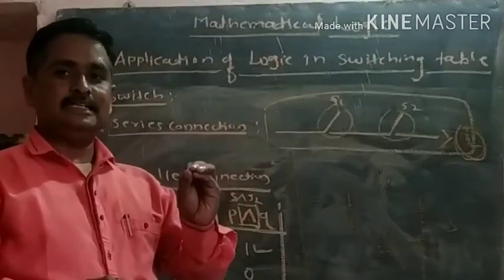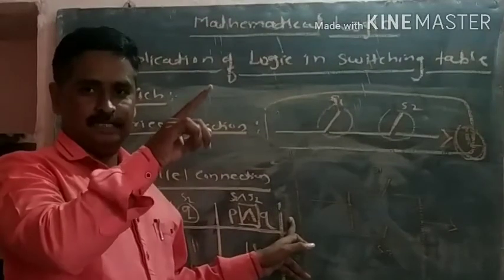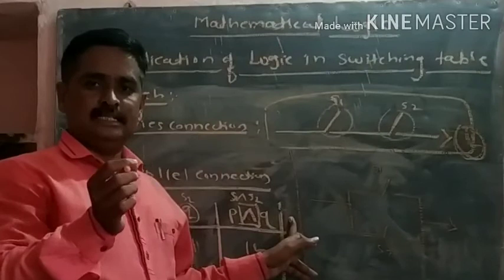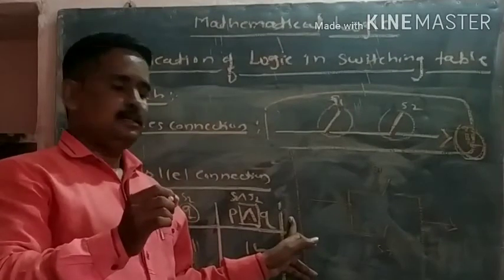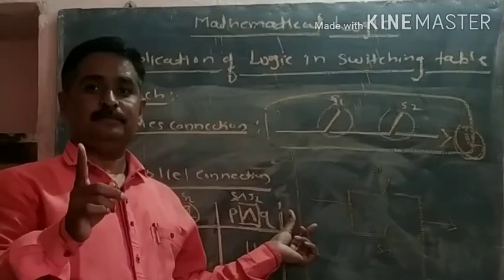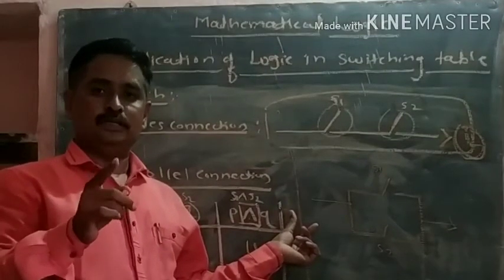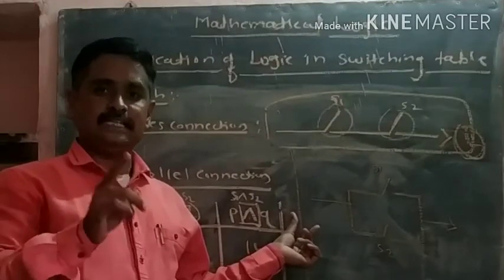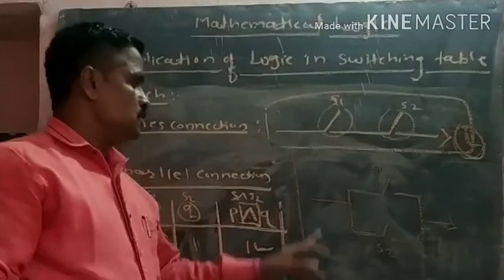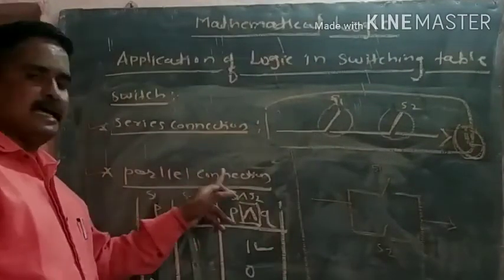A parallel connection is always compared with the disjunction operation. And you know the operation of disjunction in mathematical logic: the value is F only if the truth values of both statements are F. That means P is F, Q is F, then it is F. So compare this with the parallel connection.